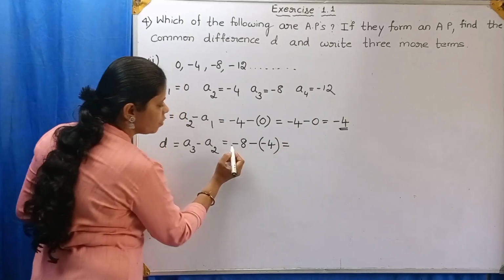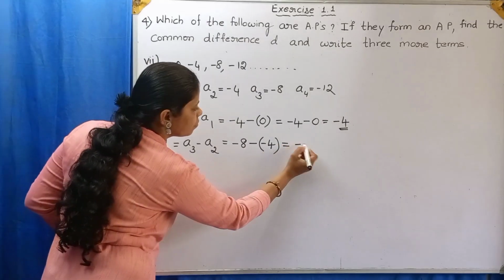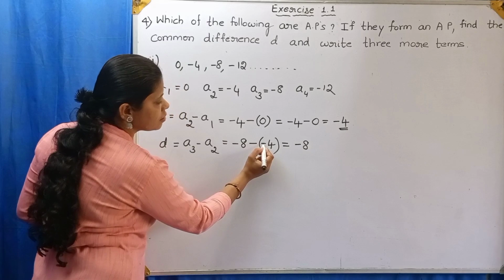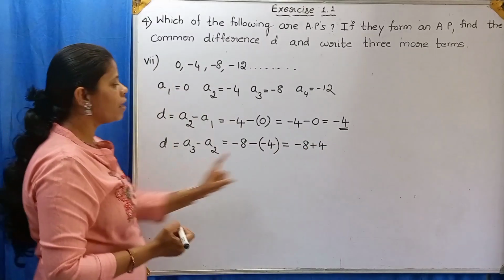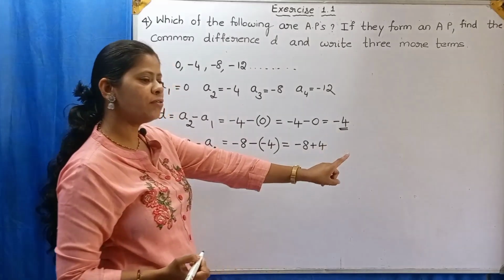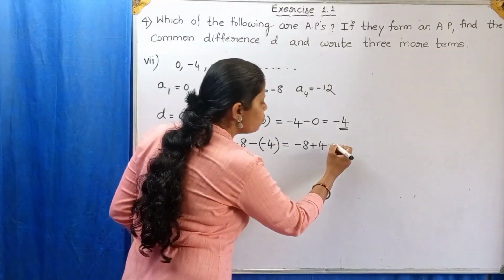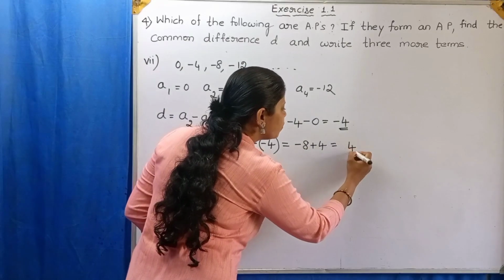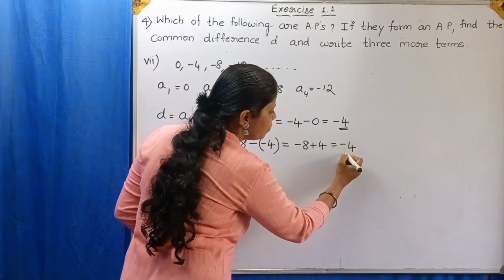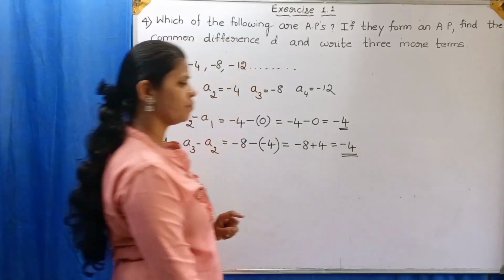Then it is equal to minus 8, minus into minus is plus 4. Now minus 8 plus 4 means we have to subtract and we must keep the sign of the greater number. That is 4. 8 is the greater number. Therefore it is minus 4.